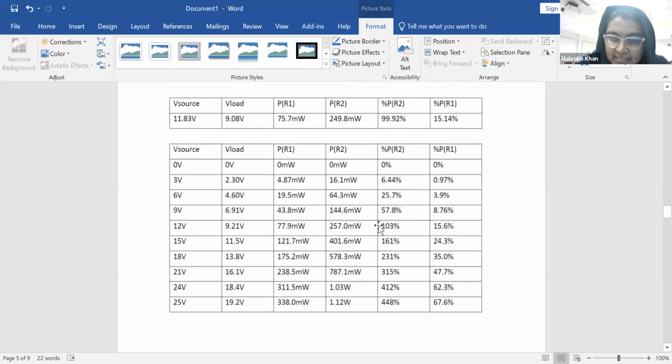That's what I wanted to see, how you would make the dissipation table. Beyond 12 volts, your dissipation continues to increase across R2, which means that if you increase the voltage beyond 12 volts, the dissipation will increase. Because of the power rating, you are not expected to apply a voltage beyond it. It's clear?